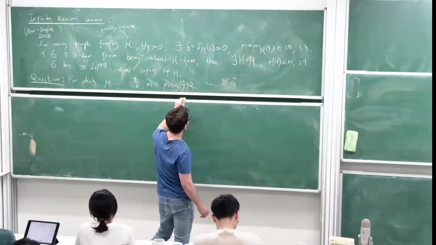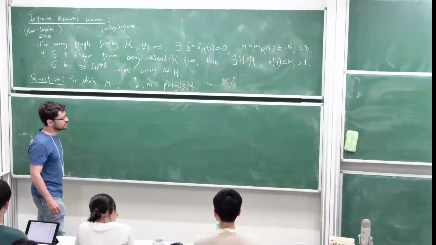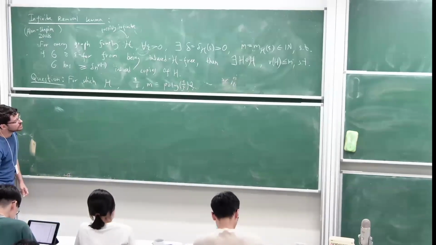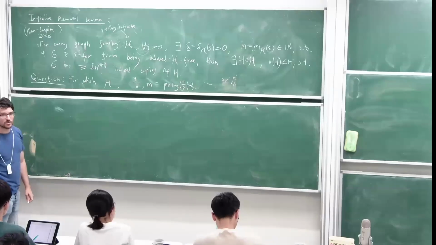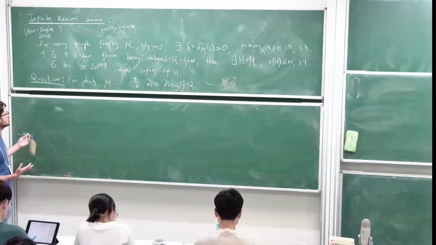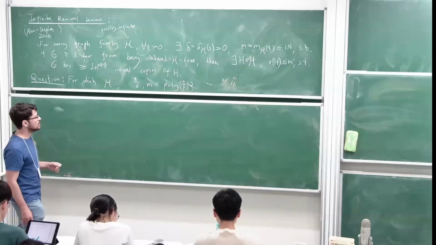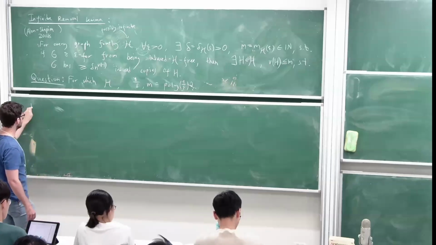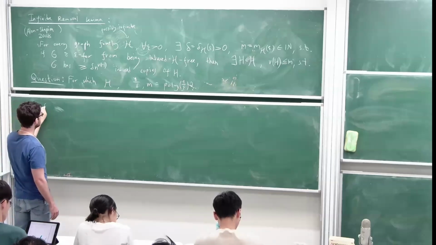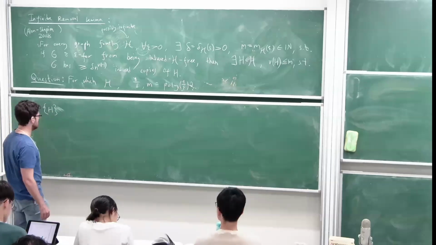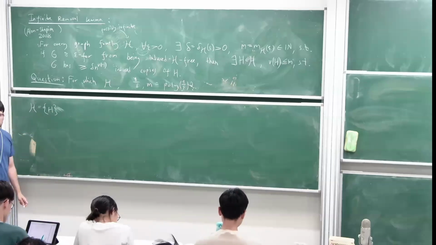So for which forbidden subgraph families is the dependence polynomial? This is a general question, it's very much open. So let me tell you a bit about the special case where the family is just a single graph H. So this is just the usual induced removal lemma.